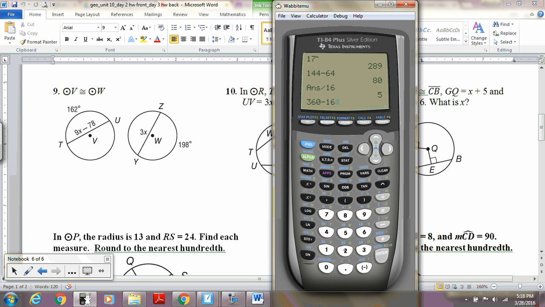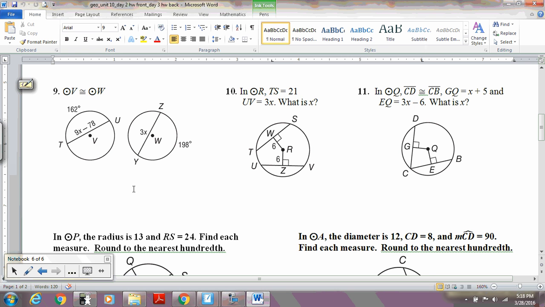You get 198. So if one part is 162, the other part has to be 198, and vice versa. So the other part on this circle is 162. So now it's showing that my arcs are congruent, so that means my chords are congruent.